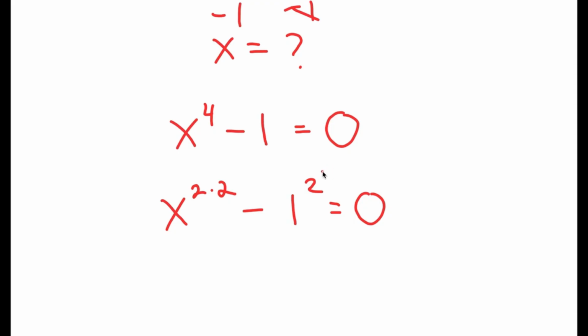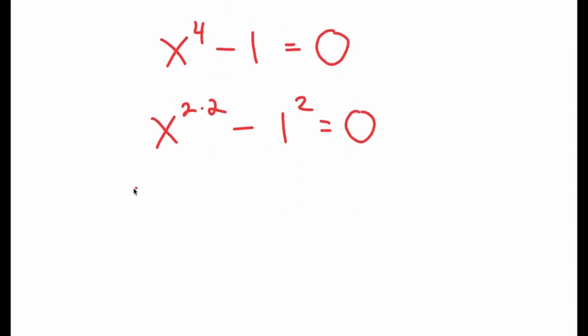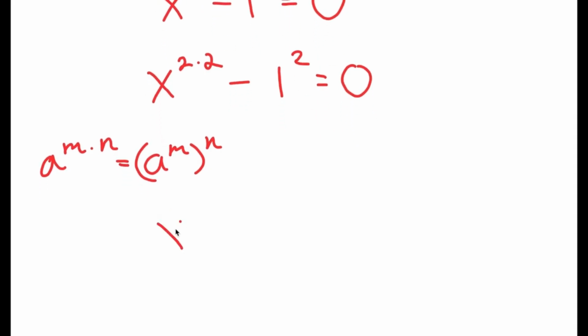And the reason I did this is because now I can use the property a to the power of m times n is equal to a to the power of m to the power of n. So in this case, x to the power of 2 times 2 is equal to x to the power of 2 to the power of 2. So I have x to the power of 2 to the power of 2 minus 1 to the power of 2 is equal to 0.